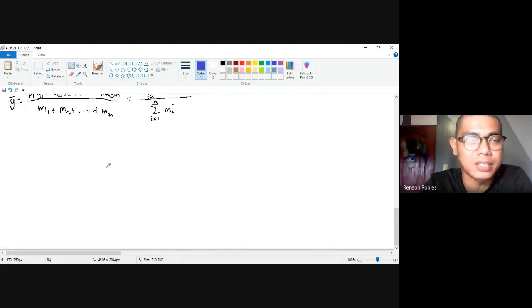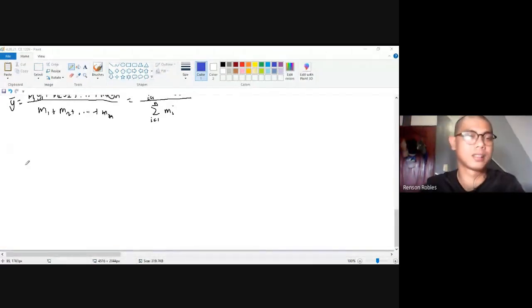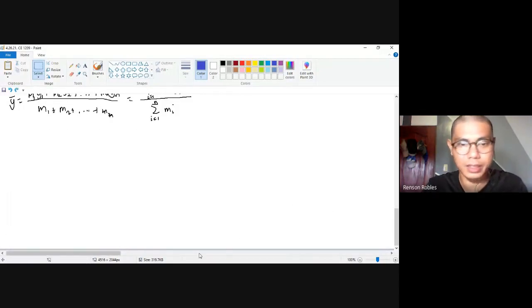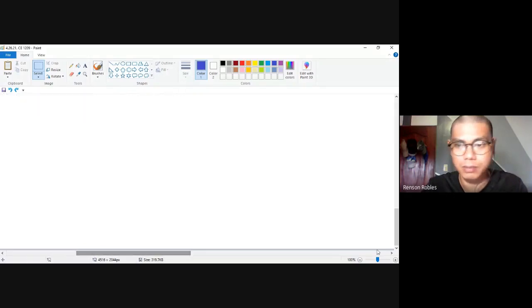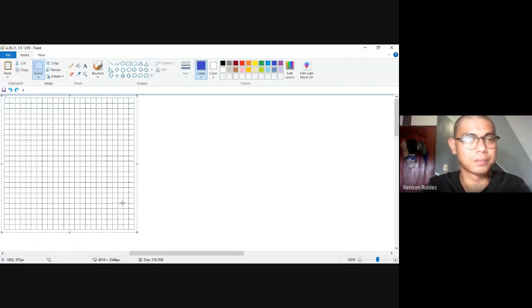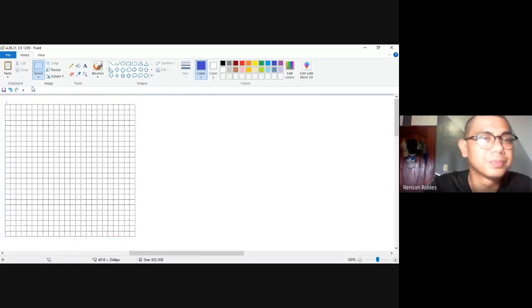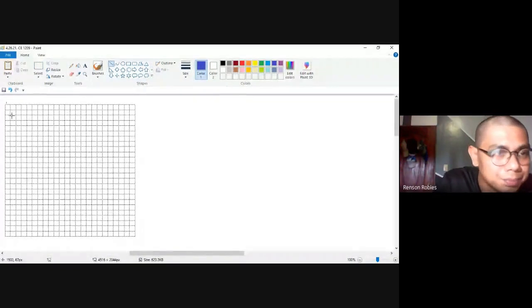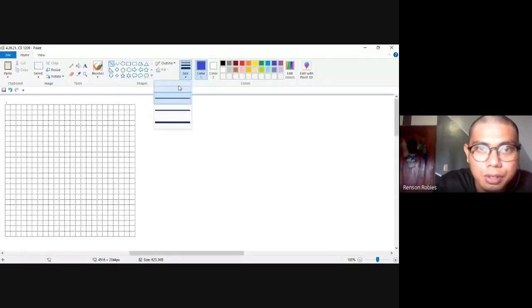Let's talk about the centroid of a plane region, a rectangle. I think we can no longer use this part, so let me move to the other side. Let me draw this and make it a little smaller.